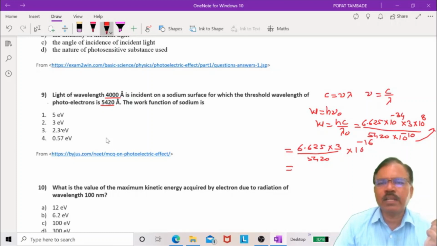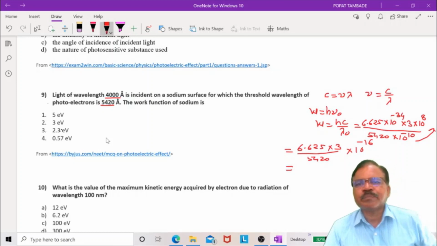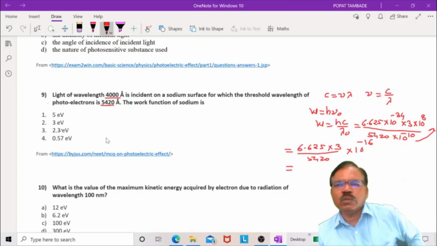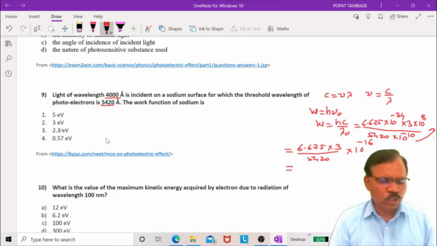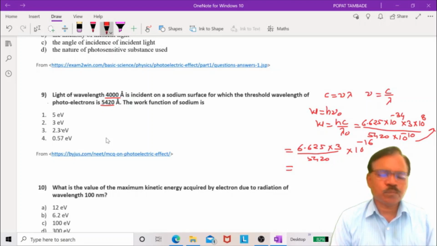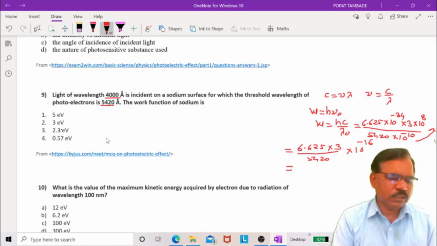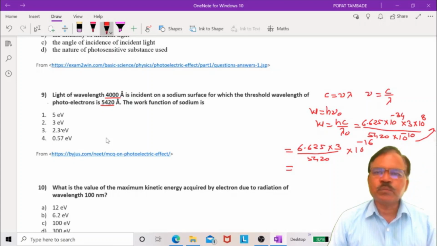And now if we calculate this, we will get 6.625 into 3 upon 5420. So I will calculate this: 6.625 into 3 divided by 5420 gives you 0.0036697.